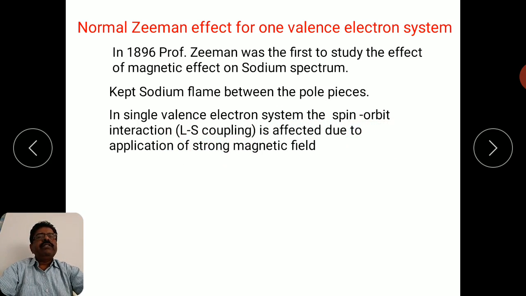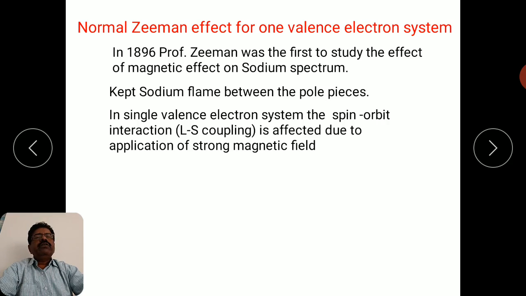Earlier we have seen this spin orbit interaction, or what is known as LS coupling. Now because of strong magnetic field, this LS coupling is affected, and there is no longer LS coupling existing in presence of such a strong magnetic field.